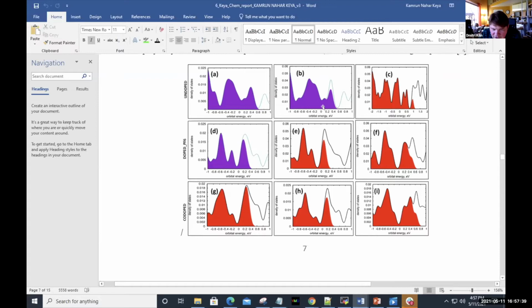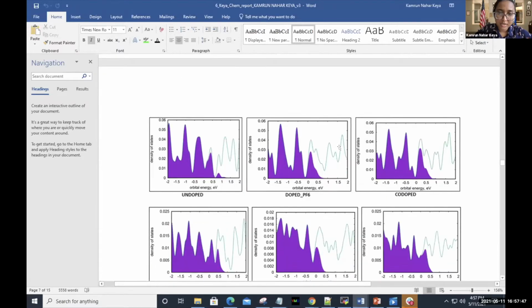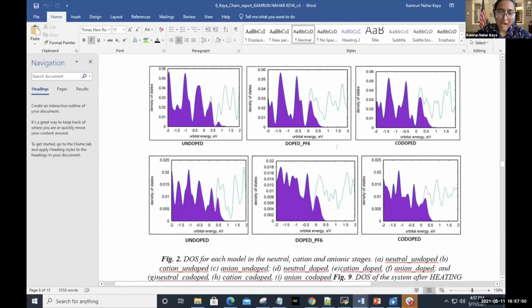If there are no more questions on this figure, please proceed as you planned. And actually, this one is after MD, heating and molecular dynamics calculation. So the professor added those things here also.